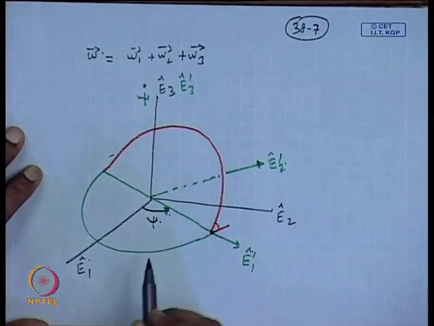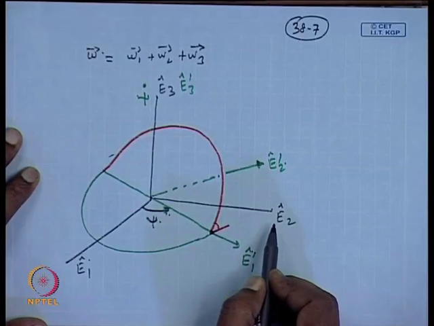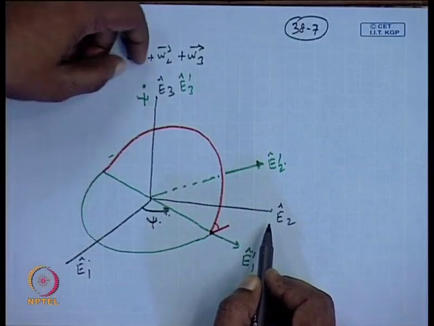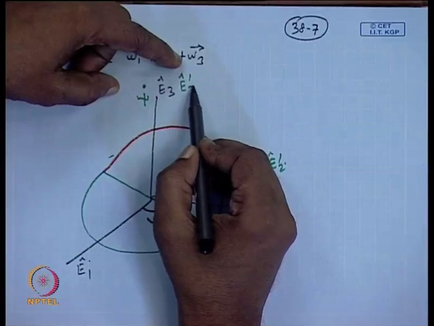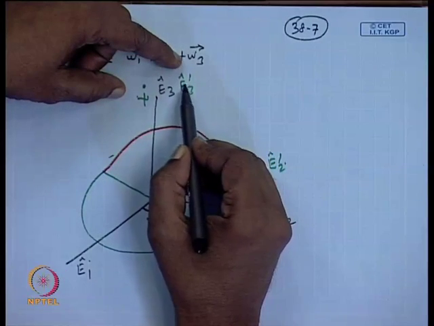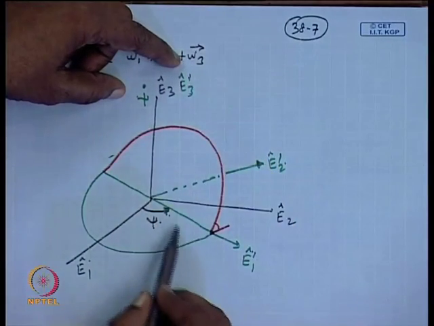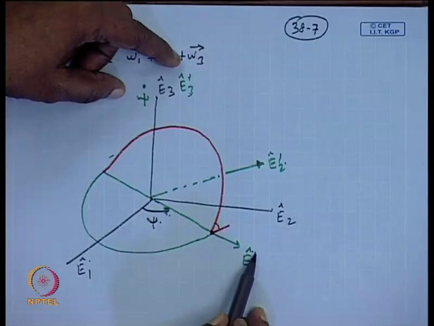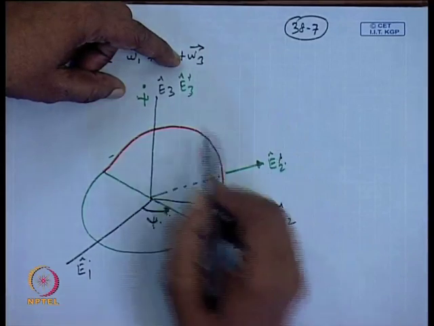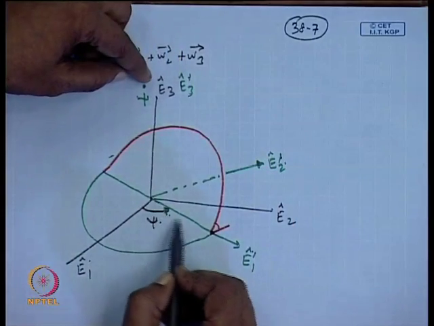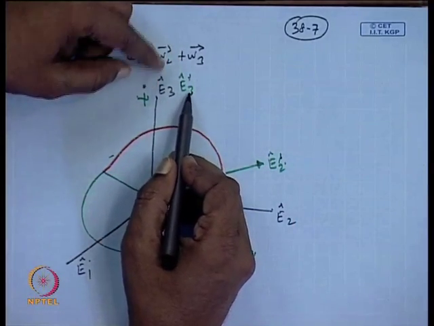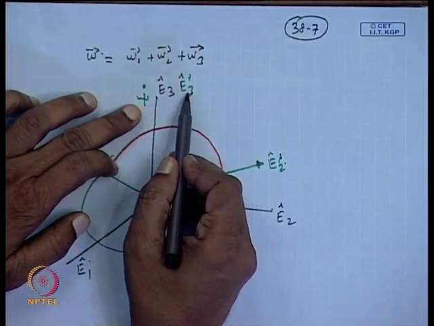Once we do this, you can see that psi dot is directed along E 3 prime. So we have the reference axes now E 1 prime cap, E 2 prime cap and E 3 prime cap, and the third direction is equivalent to the z direction here.